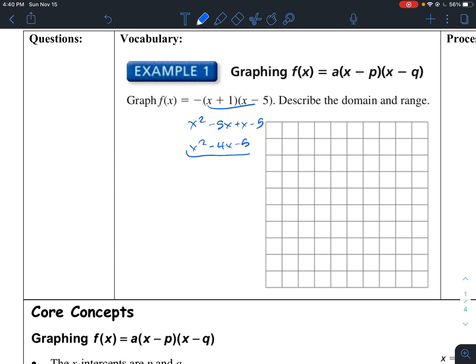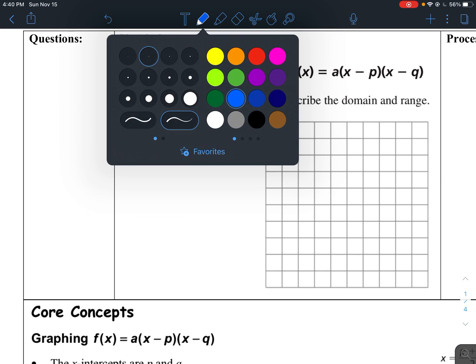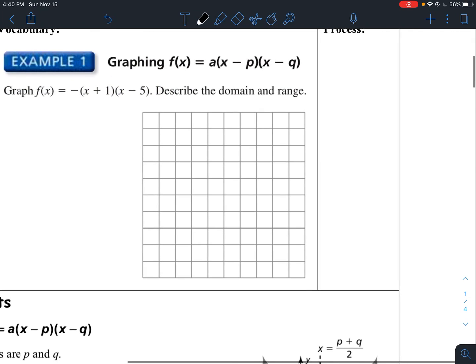So you see here, this is in standard form, and this right here is factored form. So let's graph this. This is actually a pretty easy way to graph this, but let's go ahead and draw our y-axis right here, and draw our x-axis right here.